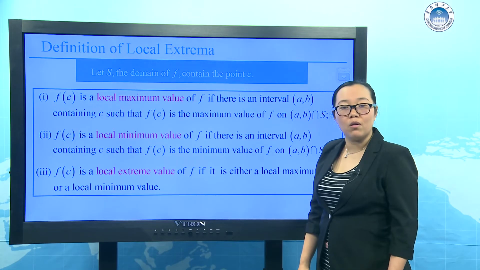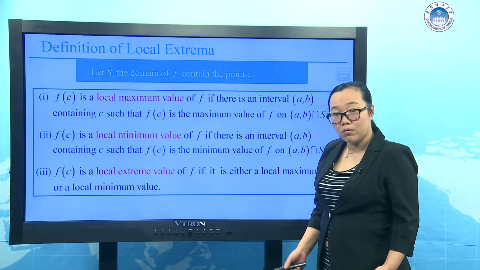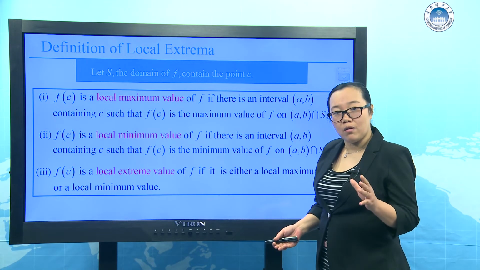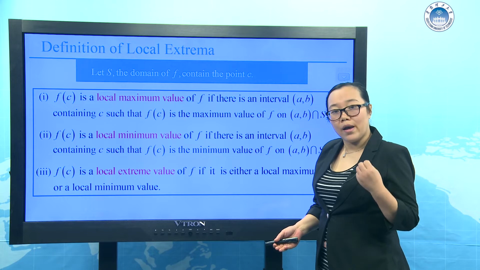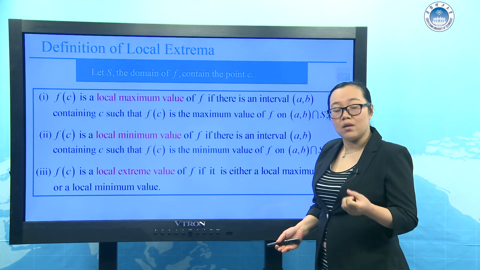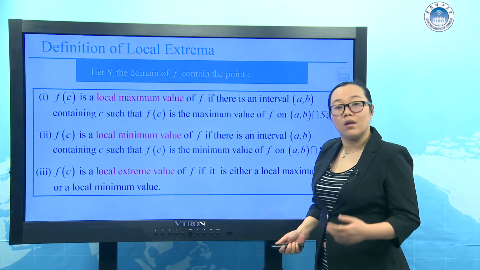Try to understand. Global maximum value means the highest mark in your school. Local means the highest mark in your class.